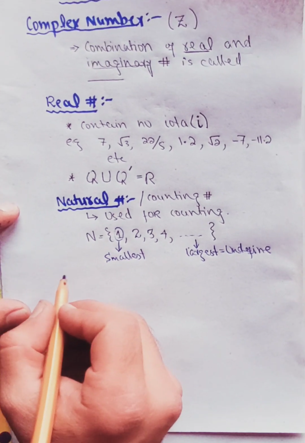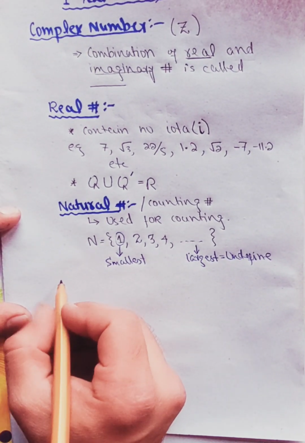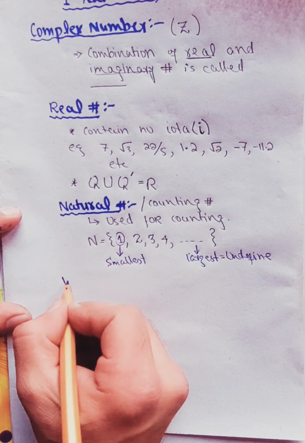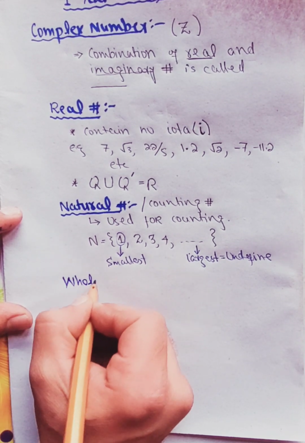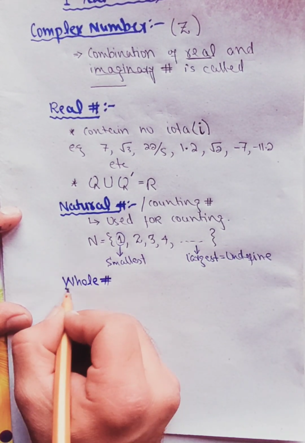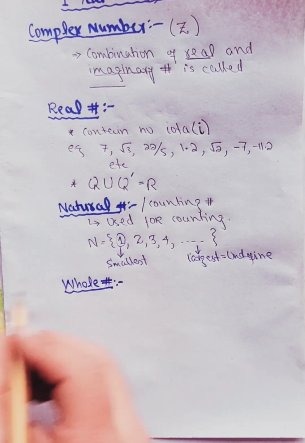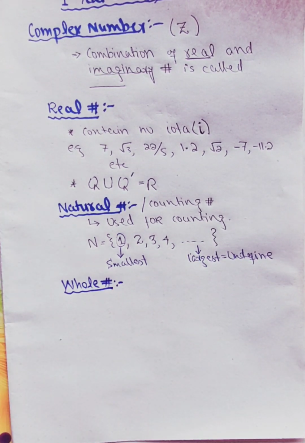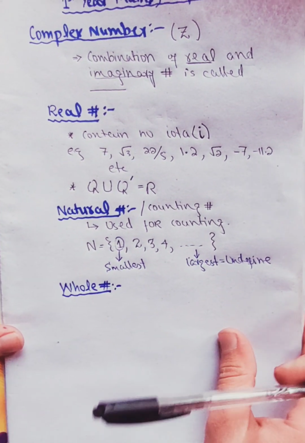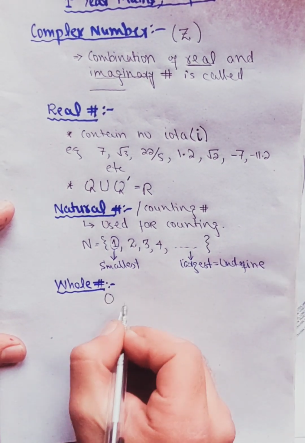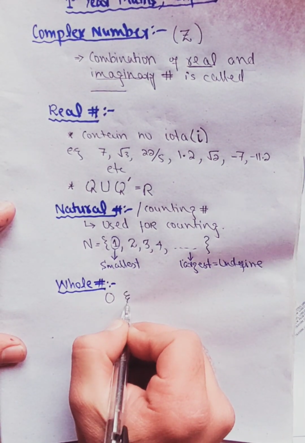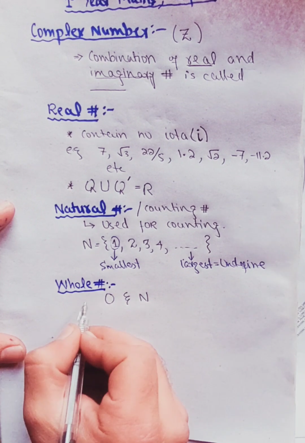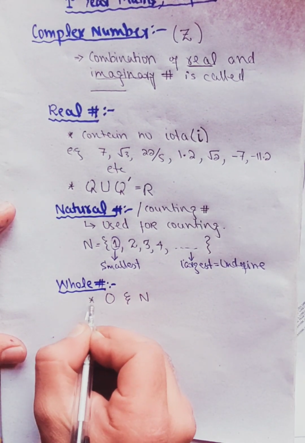Let us explain the whole number as well. So what is whole number? Whole number, ज़ीरो और नेचुरल नंबर दोनों को होल नंबर कहते हैं. Those numbers which start from 0, together with natural numbers, are called whole numbers.